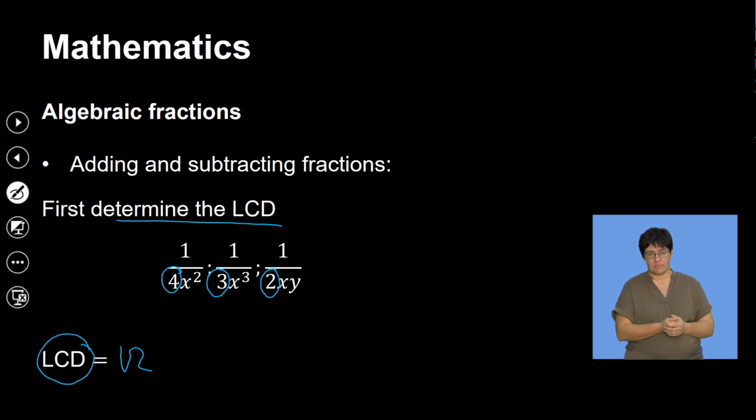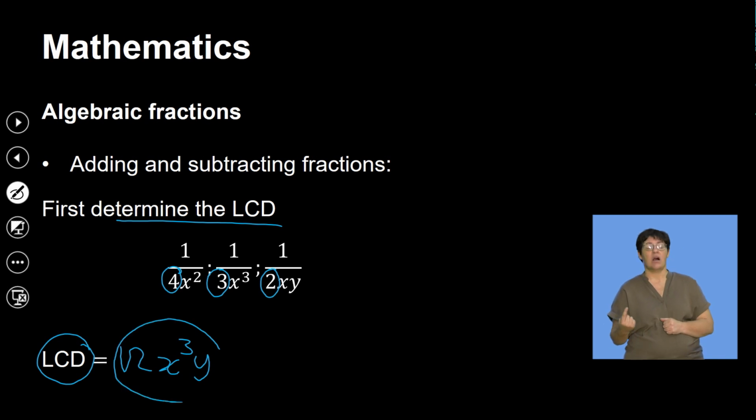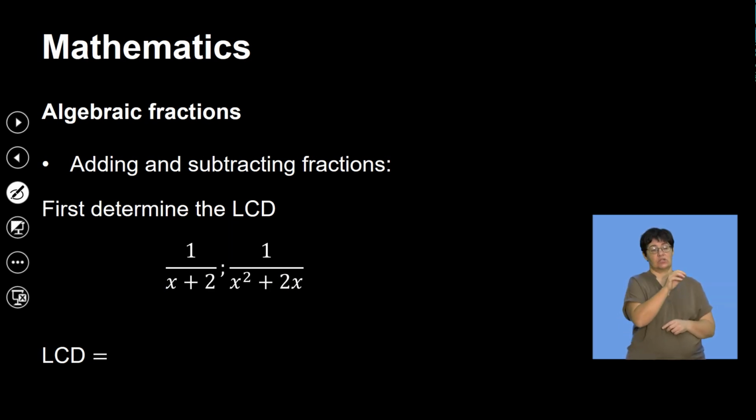Then from there, x squared and x cubed. I know that x cubed has x squared in it and also has that x there, so it becomes x cubed, and then I also need a y because the last one has a y, right? Now, remember when you're dealing with fractions, the goal is to always have your denominators the same. So you will multiply each fraction by whatever factor will make the denominator the same, which is in this instance 12x cubed y.